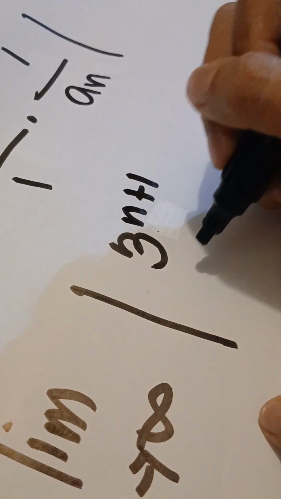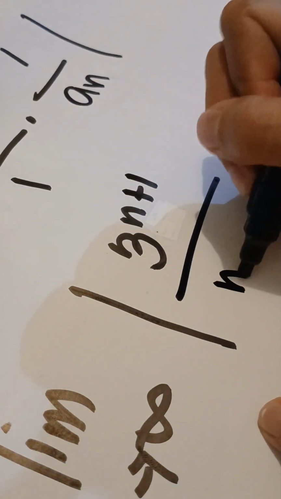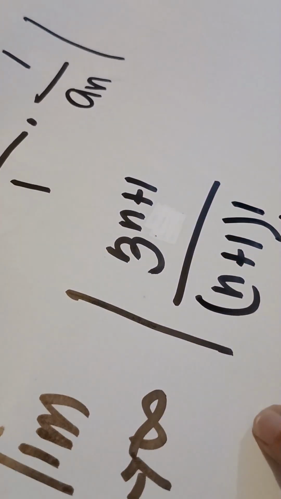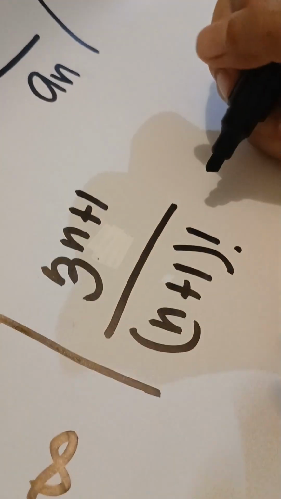And now, let's substitute the value of a sub n, which is the reciprocal of 3 raised to n over n factorial, so it becomes n factorial over 3 raised to n.